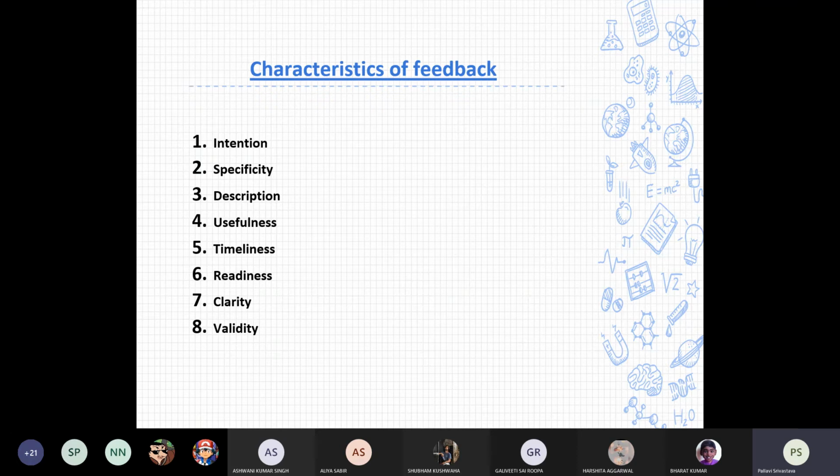If it is related to their performance, they are going to improve it. But if it is related to the resources which they receive from the organization, they have no control over it, so it will be useless for them. Okay, so effective feedback is always useful. That is the main point here.